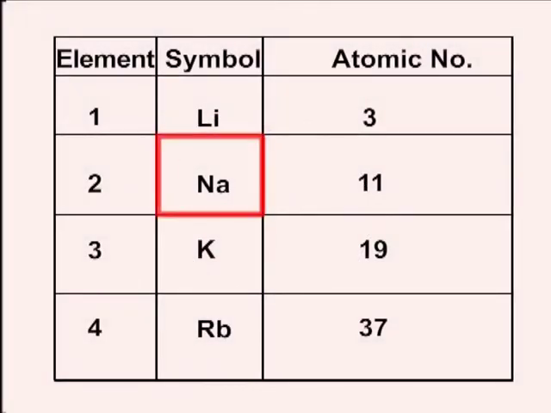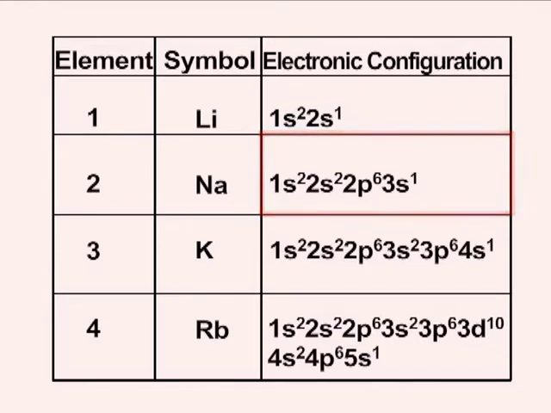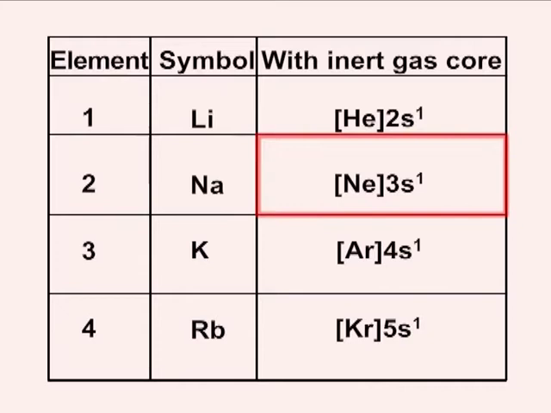Sodium is shown by symbol Na. Its atomic number is 11. Its electronic configuration is 1s2, 2s2, 2p6, 3s1. Its electronic configuration with inert gas core is also shown on the screen.